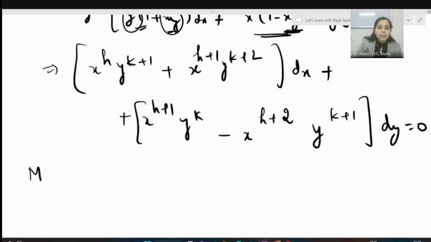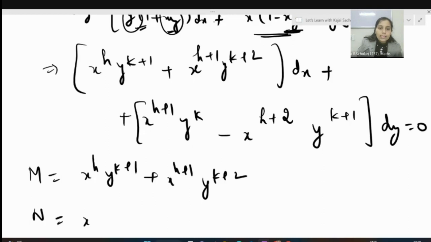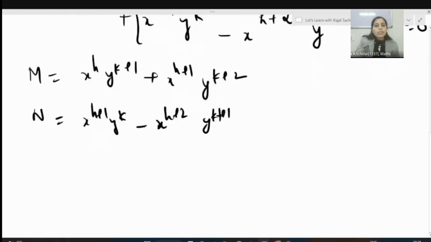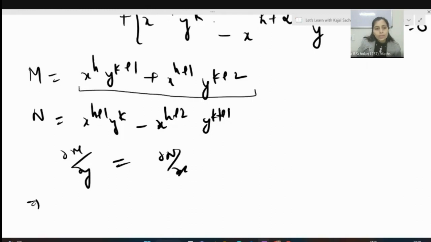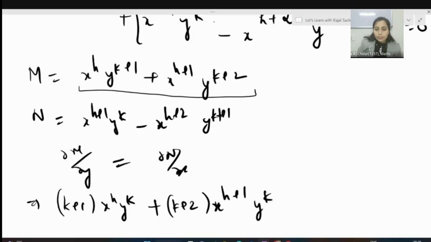So if we take M = x^h y^(k+1) + x^(h+1) y^(k+2) and N = x^(h+1) y^k − x^(h+2) y^(k+1). If this is an exact equation, then ∂M/∂y should equal ∂N/∂x. So if we differentiate M with respect to y, we get (k+1) x^h y^k + (k+2) x^(h+1) y^(k+1).